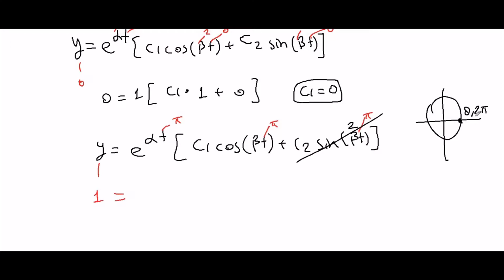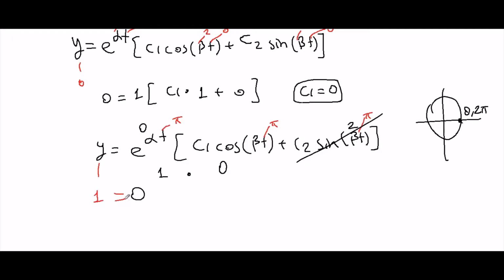Again, cosine of 0 is equal to cosine of 2 pi because they are coterminal angles. So cosine of 2 pi is 1 and c1 is 0 here. 0 times 1 is 0. And our alpha is 0, so 0 times pi is 0. e to the 0 is 1. And 1 times 0 is 0. So we obtain 1 equals 0.